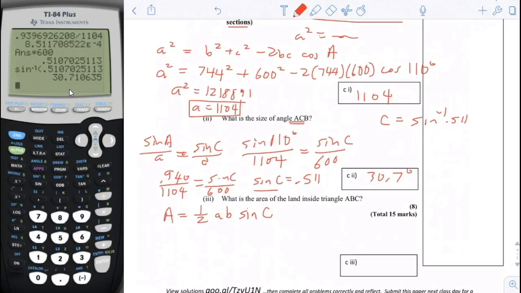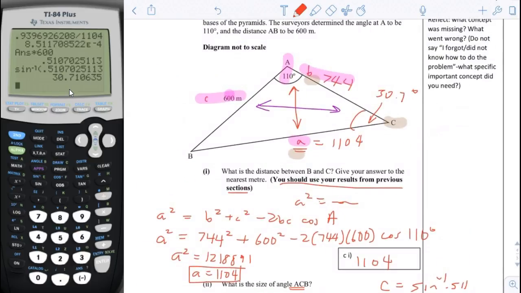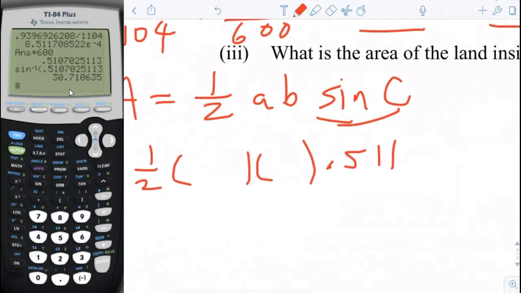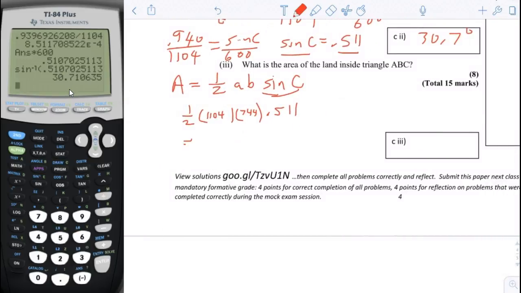So we'll do sine of 30.7 degrees, which we already know is 0.511. And a and b are going to be 1104 and 744. Okay.